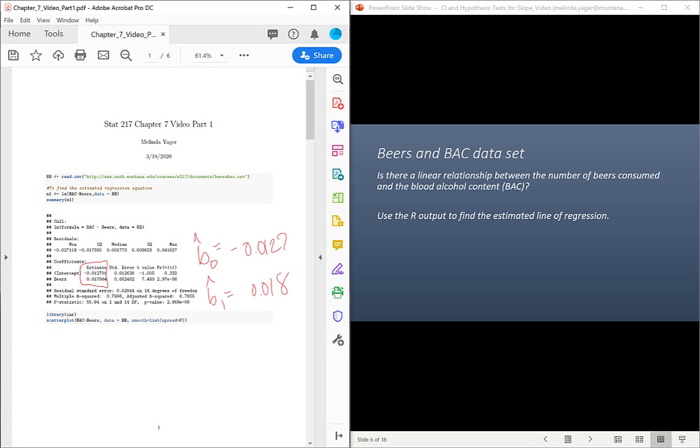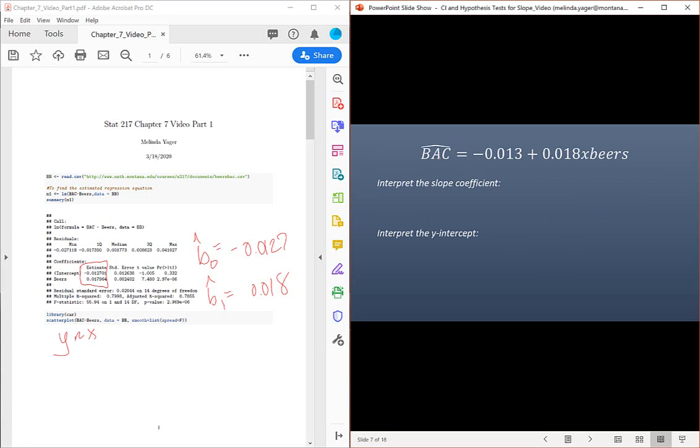The explanatory variable for this data is the number of beers, and the response variable is blood alcohol content measured in grams per deciliter. Using the values from the simple linear regression output, we find the line of regression. The estimated blood alcohol content is equal to negative 0.013 plus 0.018 times the number of beers.